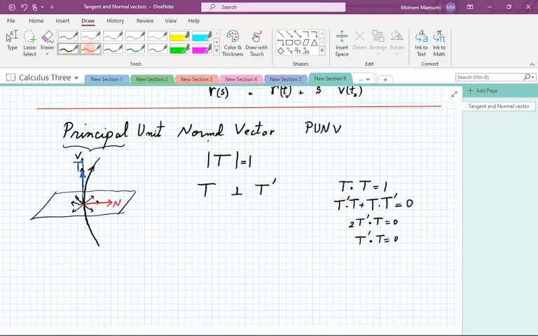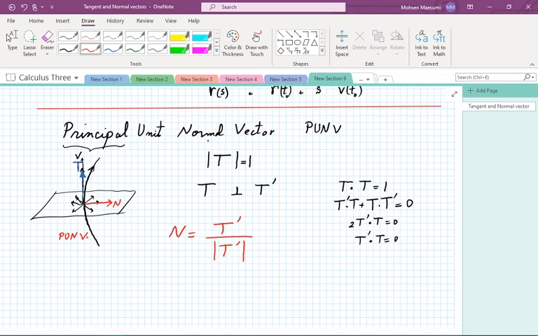So this is our definition for N. N is going to be T prime divided by the length of T prime. So that I don't want to write that mouthful again, the vector we are after, N, is T prime divided by length of T prime.